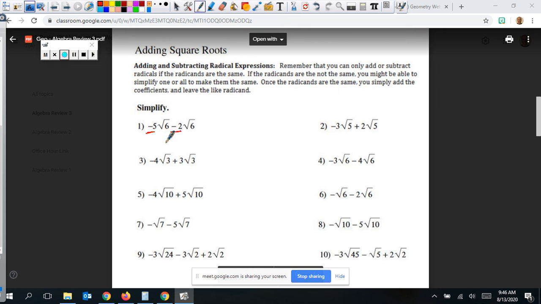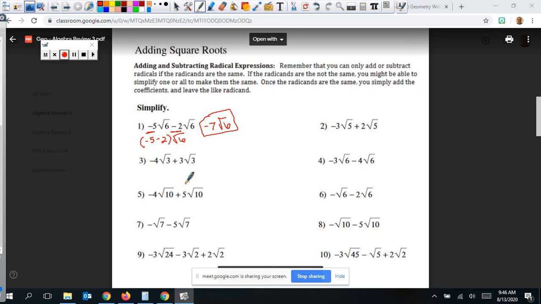So negative 5, basically we have this. You can just say negative 5 minus 2. I'll put that in a parenthesis. That's what we have to do here, the operation. And then we're just going to have a square root of 6 at the end of this. So this here, since negative 5 minus 2 is negative 7, we're going to see negative 7 square root of 6 as our answer for that one.